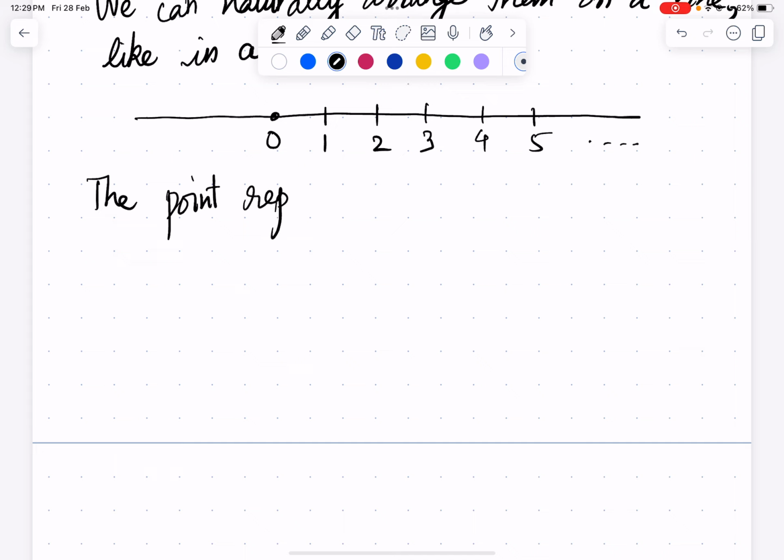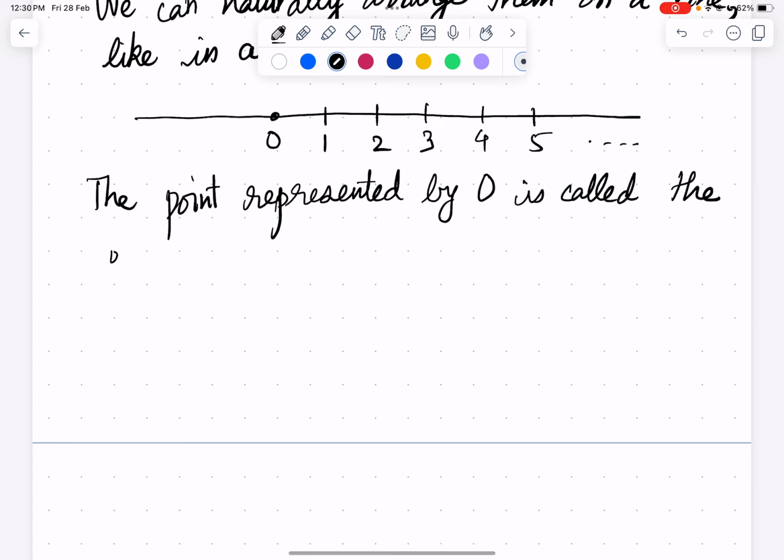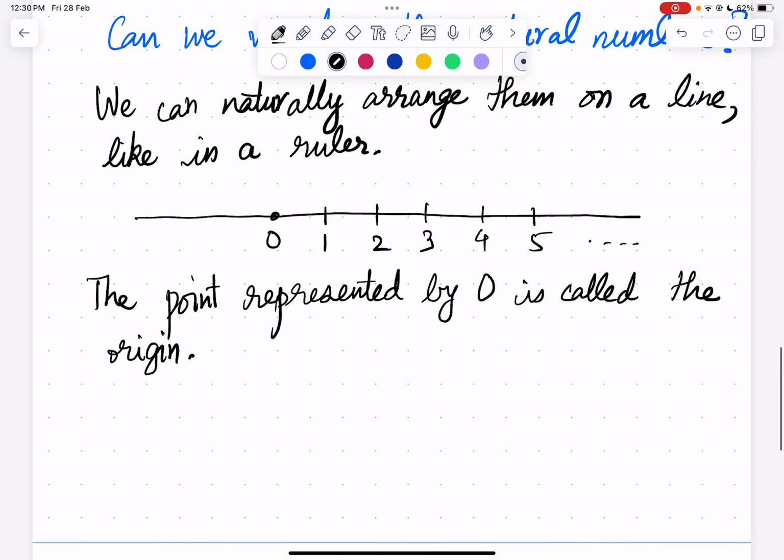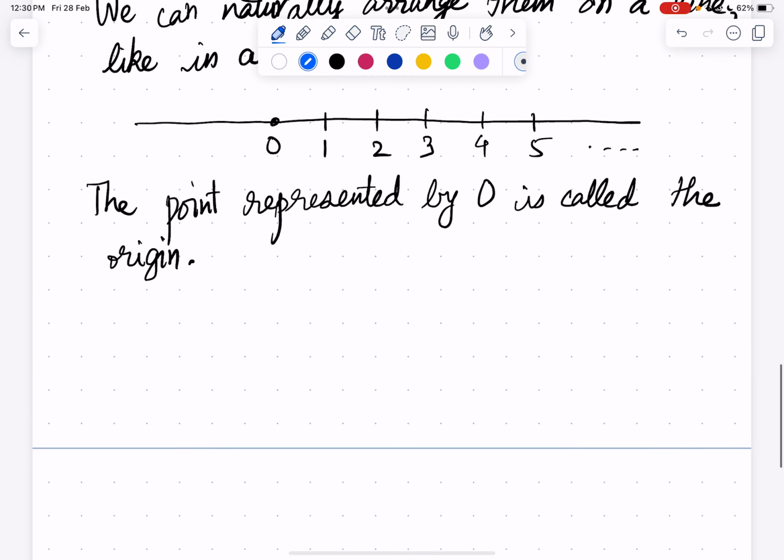The point represented by 0 is called the origin. So we can naturally represent the counting numbers, the natural numbers, on a line.